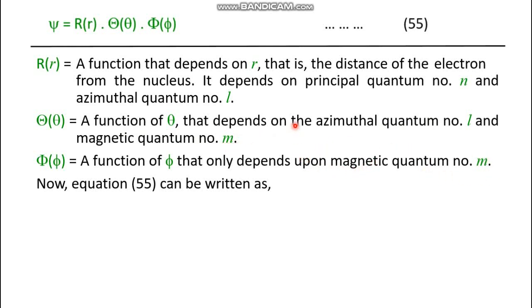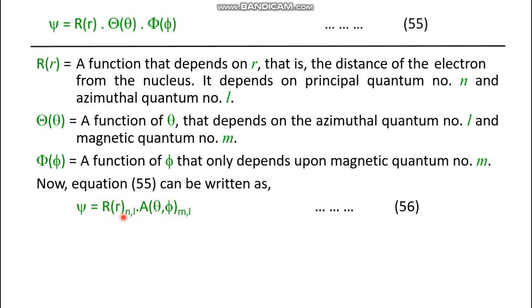So these two can be combined as an angular function, and this can be separately written as the radial function, and thus equation number 55 can also be written as: the wave function psi is actually the radial function and the angular function.